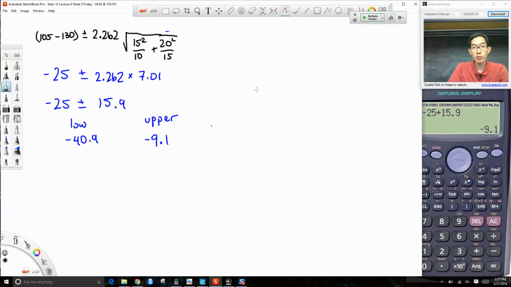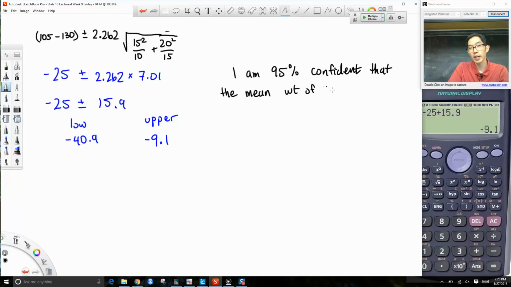So if this is my resulting confidence interval, I would say something like, I am 95% confident that the mean weight of apples is between 9.1 grams and 40.9 grams less, because it's negative, right?